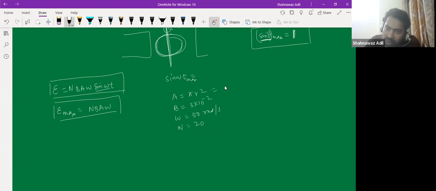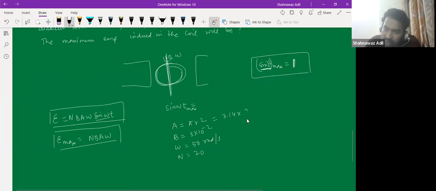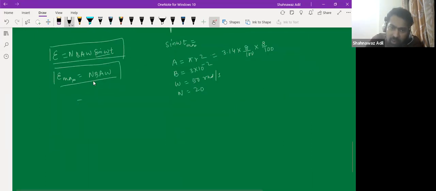So pi r square would be 3.14 into 8 into 8 by 100, where R is 8 centimeter. We put these values in here: 20, B is 3 into 10 to the power minus 2, A is 3.14 into 8 into 8 by 100, and omega is 50.